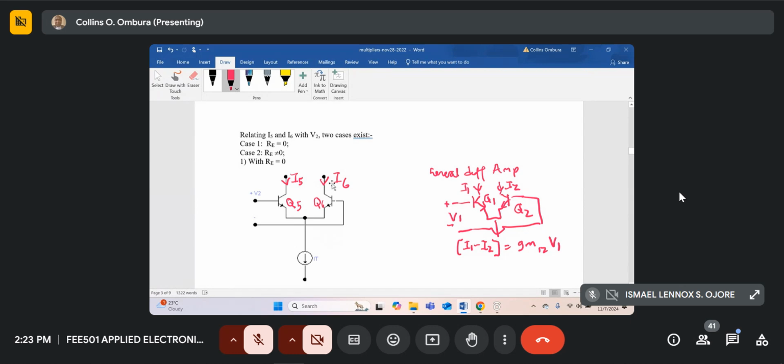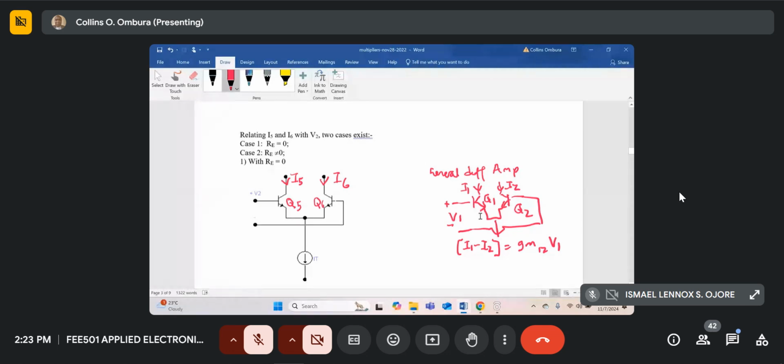Just for reference, on the right-hand side over here, I've drawn the general differential amplifier, where the first transistor on the left was Q1, the second transistor was Q2. We got the voltage-current relationship between the current to the first transistor and the voltage V1 applied to the base. If you look at these two circuits, they're just identical.